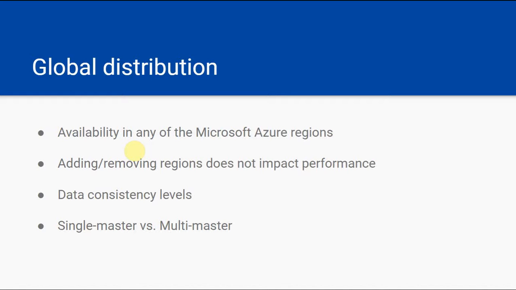But that won't be the case if you have users throughout the world, but usually that's how it happens. So you can choose where you want your data to reside. And of course, you can add and remove these regions from your Cosmos DB database, and you won't have any downtime, and it won't affect the performance.